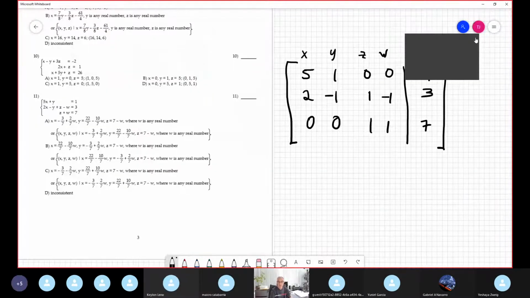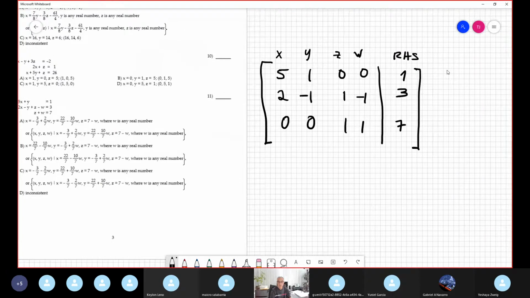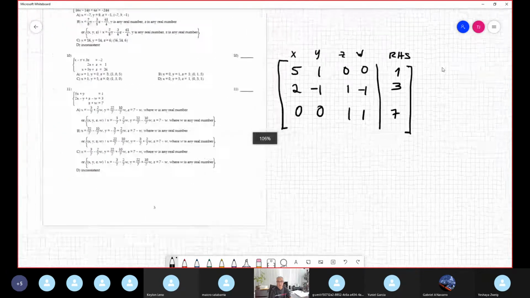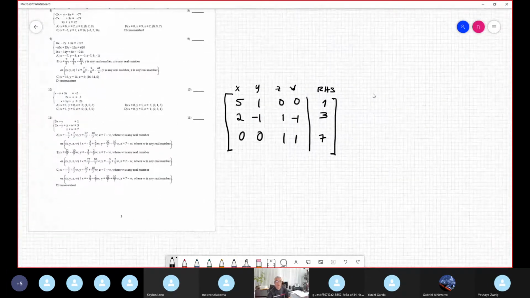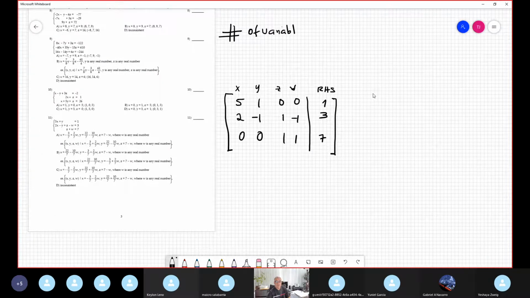We do not expect one solution. Remember the formula: number of variables minus number of equations is equal to degree of freedom.